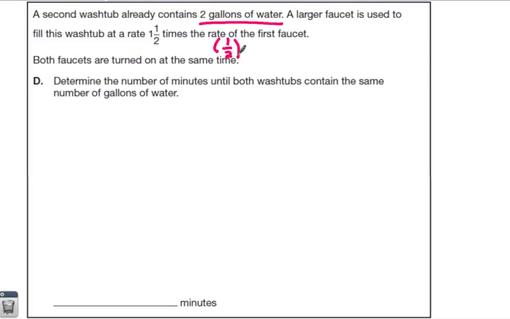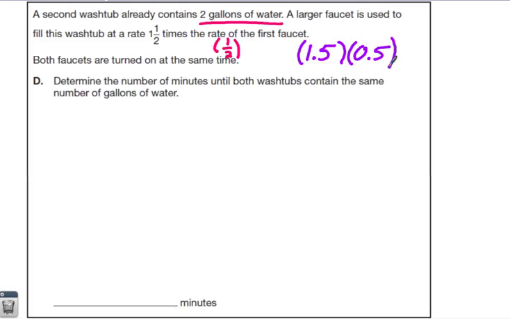So our new rate, this is reading comprehension here, people. We're going to do 1.5 times 1/2. I would recommend doing decimals. 1.5 is really 1.5, and 1/2 is really 0.5.